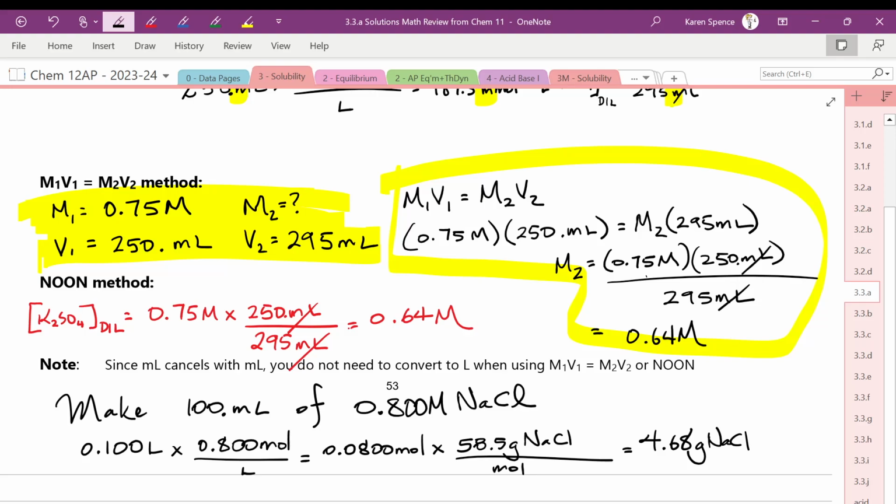We don't have a pipette. Jeremy, folks, put away the Erlenmeyer flask. If you have an Erlenmeyer flask, you do not need one. Put it away.